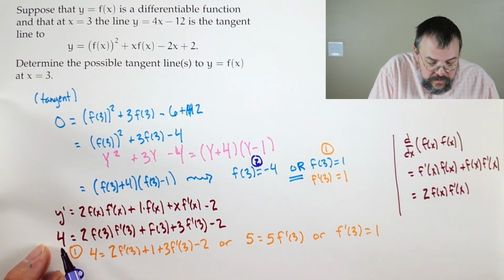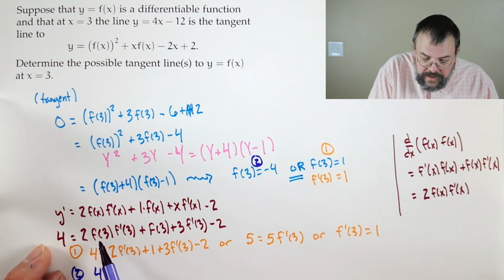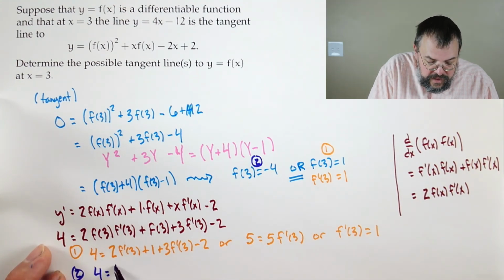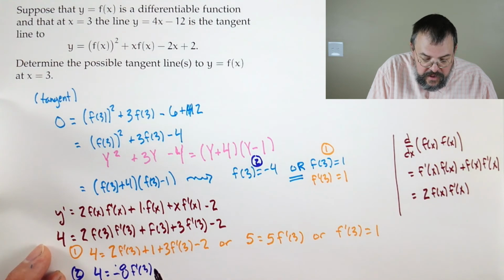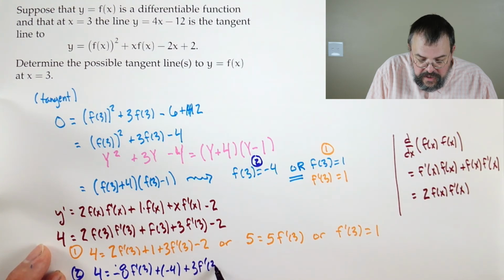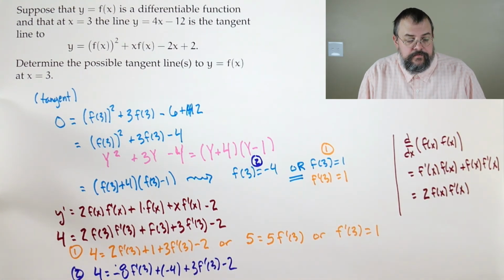Again, we're going to get 4 is equal to 2 times f of 3. So that's minus 8, so minus 8 times f prime of 3, plus f of 3, which is negative 4, plus 3f prime of 3 minus 2.